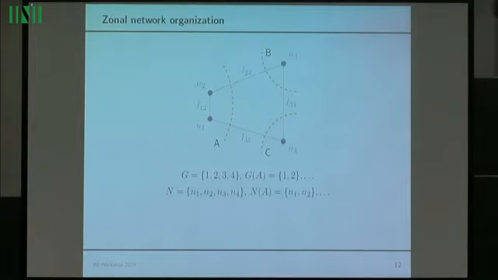So in this specific example, what we're doing is aggregating nodes 1 and 2 into zone A, aggregating node 3 into zone B, and aggregating node 4 into zone C. And now the challenge is that we have a new network with 3 nodes and only 3 edges, and we need to define certain parameters for this new network.